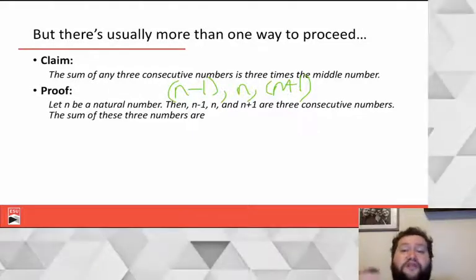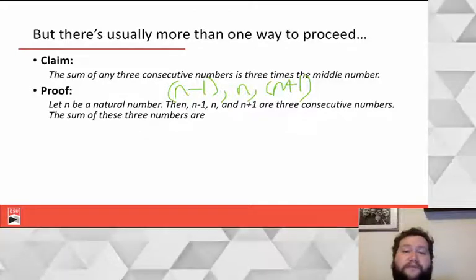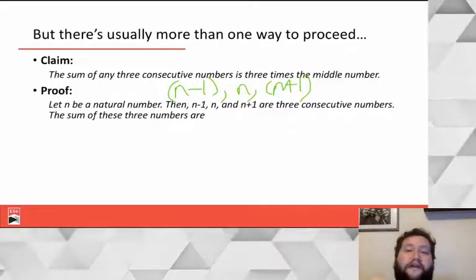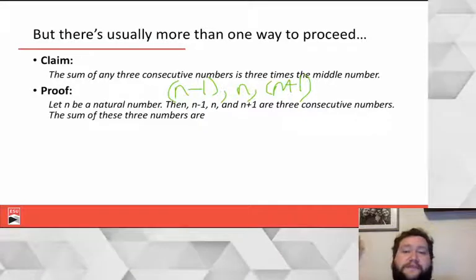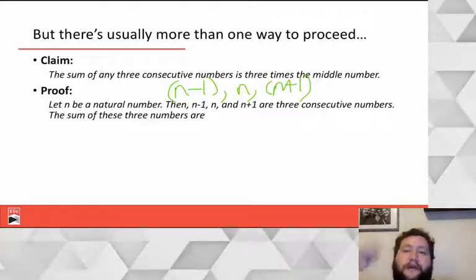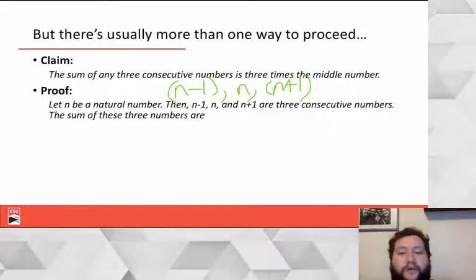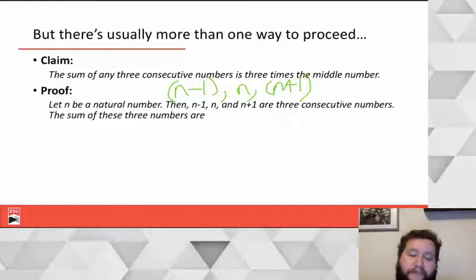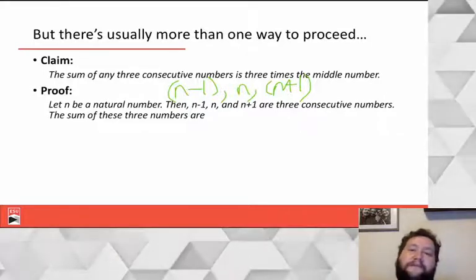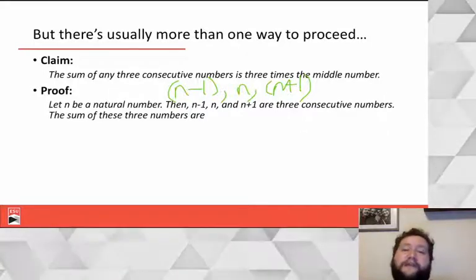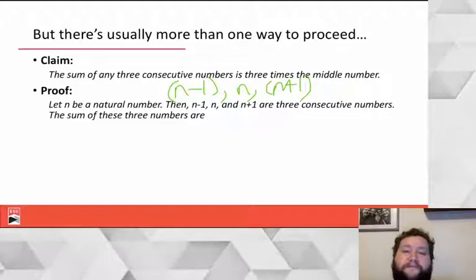And so now they actually look like that initial table where we had our initial claim: 14, 15, 16 was 45. And what was the other one? 19, 20, 21 was 60. And 99, 100, 101 was 300. So let's see if we can mimic this proof, but using different names for our consecutive numbers.